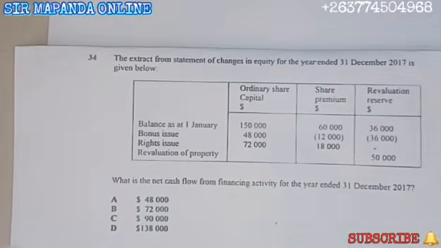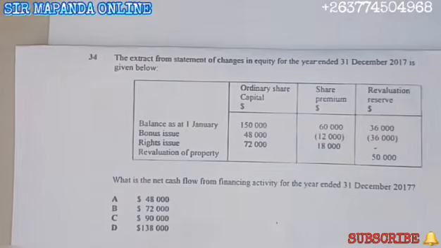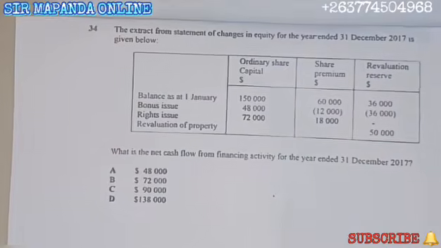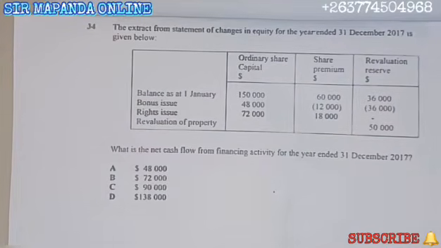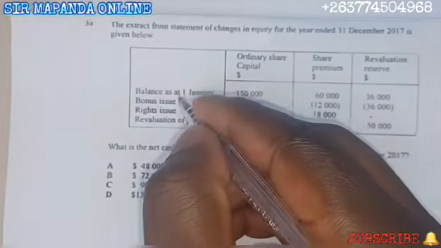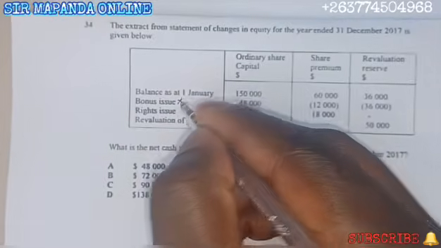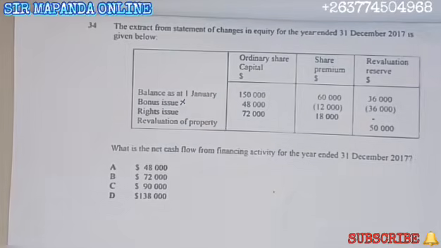The extract from the statement of changes in equity for the year ended 31 December 2017 is given. Then we are given this table. What is the net cash flow from financing activity for the year ended 31 December 2017? So remember, bonus issue is going to be ignored. Why? Because there is no cash movement on bonus issue.